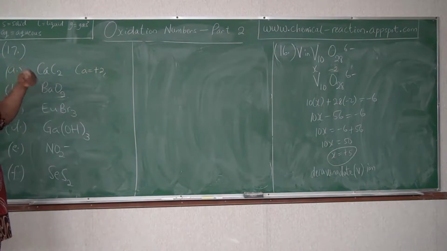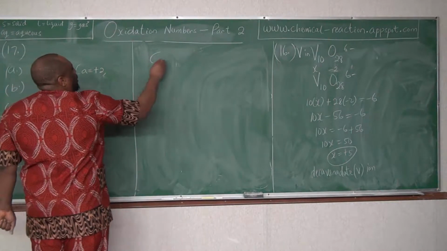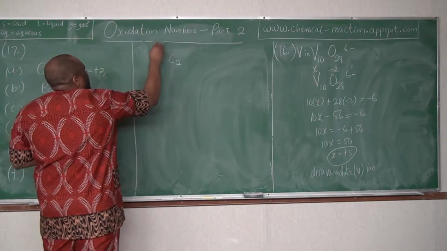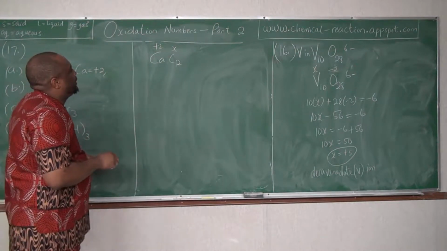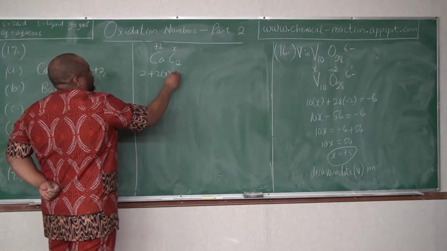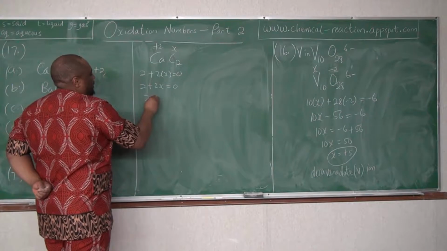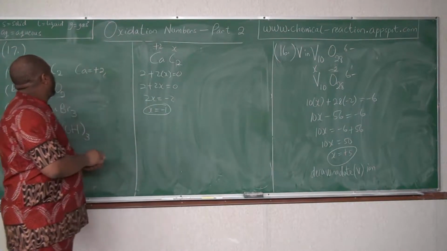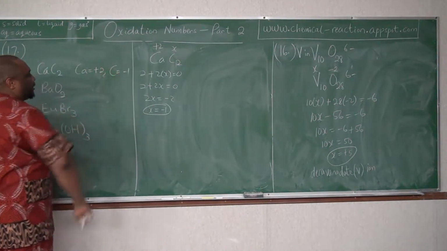So 2 plus 2x is 0, 2x is minus 2, x is minus 1. So carbon here is minus 1.